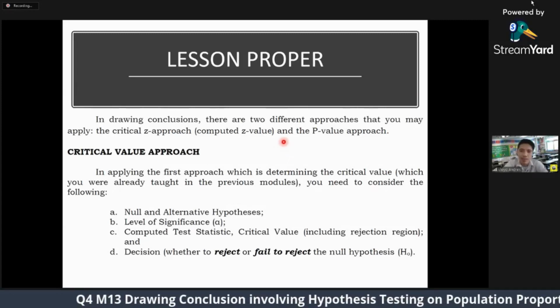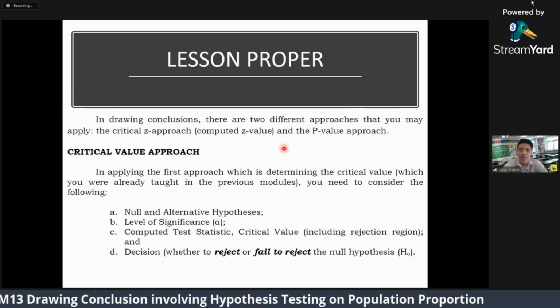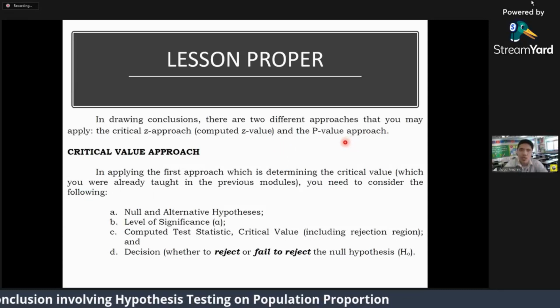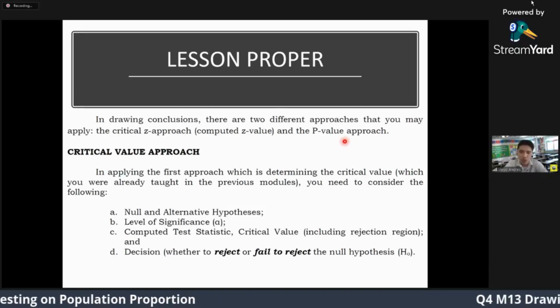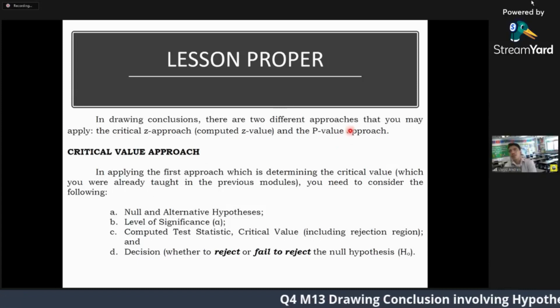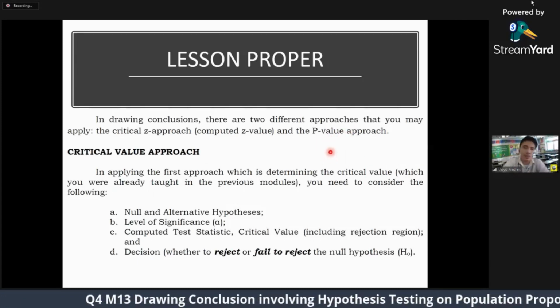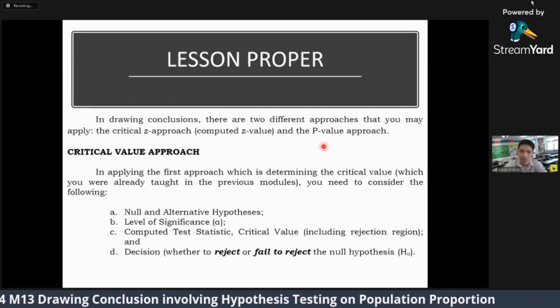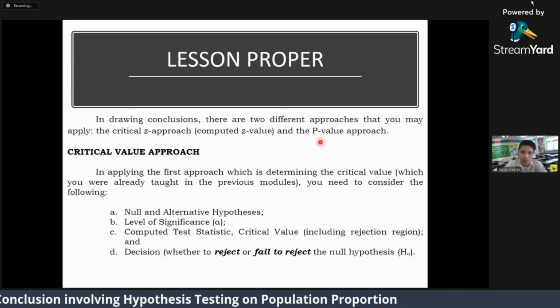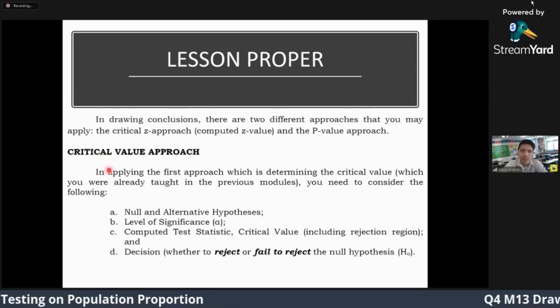But this time, i-present na ko pahapyaw ang p-value approach because sa inyong research, pag-abot ninyo o grade 12, usually statistical software uses p-value approach. So at least familiar lang mo. But before tamo to sa p-value approach, discussan natin si critical value approach.